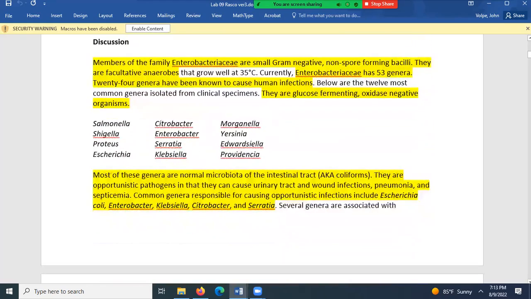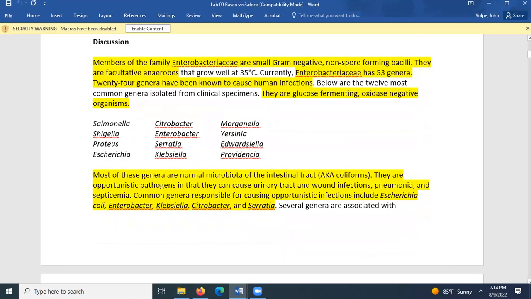Members of the family Enterobacteriaceae are all small gram-negative non-spore forming bacilli. They are also facultative anaerobes. There are 53 genera in the family Enterobacteriaceae. 24 of the genera have been found to cause human infections.